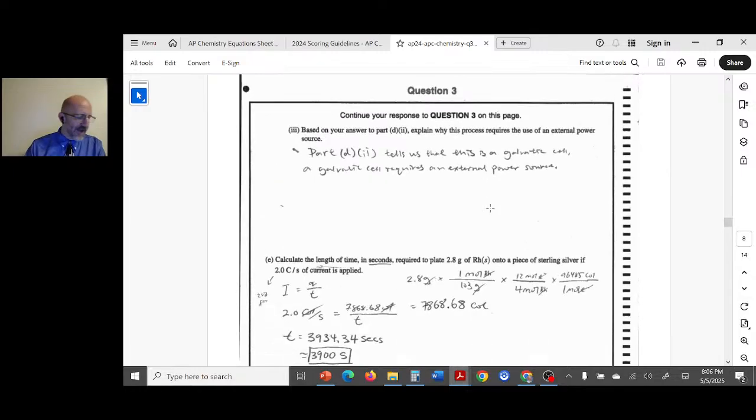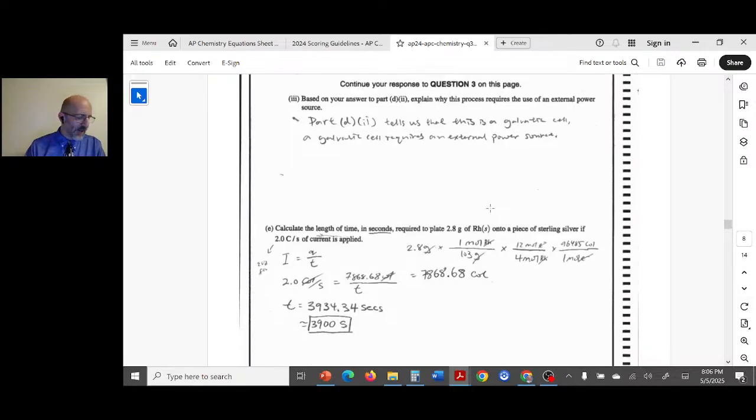See, they think it's a galvanic cell. So part D triple I, the point was not earned for incorrectly stating that a galvanic cell requires an external power source. That should have been the clue that that student should have realized, wait, I think I did this backwards. Because if you require an external power source, then you are not thermodynamically favored, and you would have a negative value for your cell potential, your voltage.